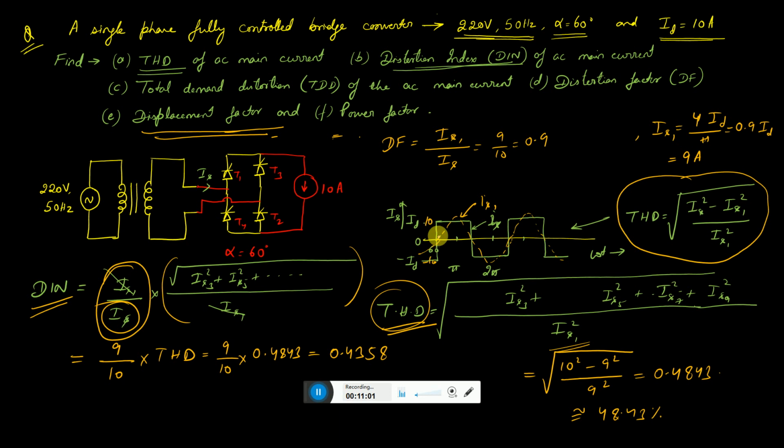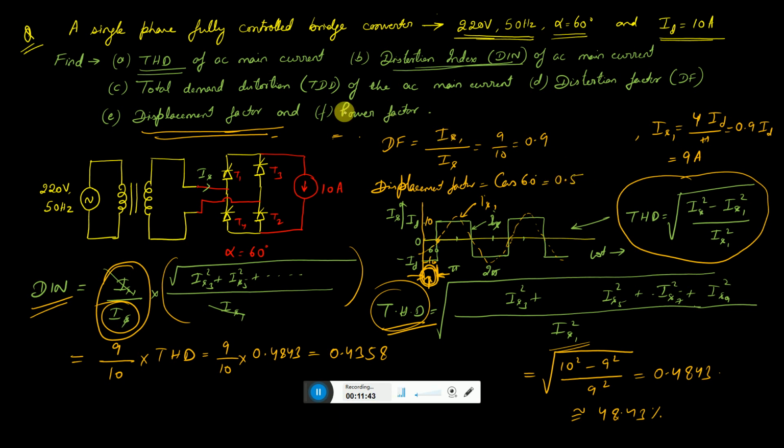Like this is the y-axis, the fundamental component of the current, how much it is displaced from the zero line, that gives you the displacement factor. The displacement factor will be equal to cos of alpha. Alpha is 60 degree here, so it is cos of 60 degree, that comes out to be 0.5.